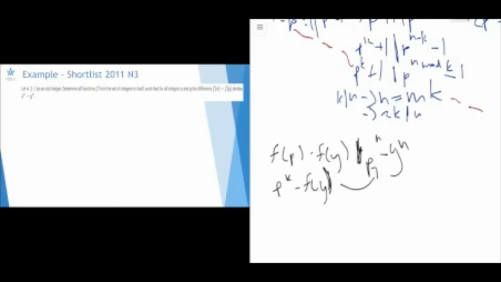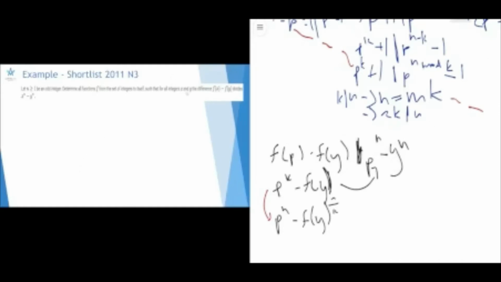Also remember that this thing divides that. And why? That just follows by factoring, right? This divides that. So we know f of p minus f of y divides p to the n minus f of y to the n over k, but it also divides p to the n minus y to the n.